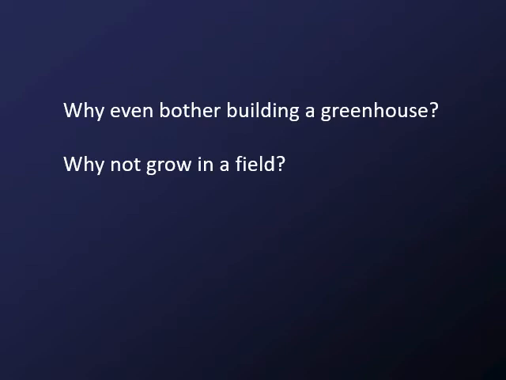Okay, so why even bother building a greenhouse? Why not just grow in a field? And you see this question asked, and it can be a legitimate question. You look at a traditional organic farmer, they're going to grow in a field.